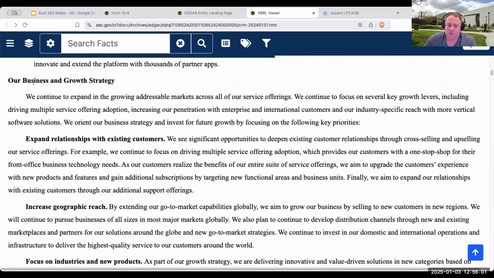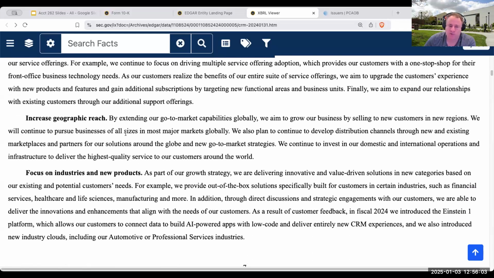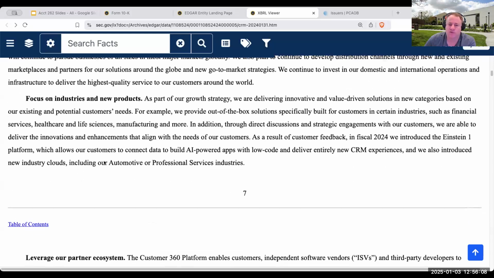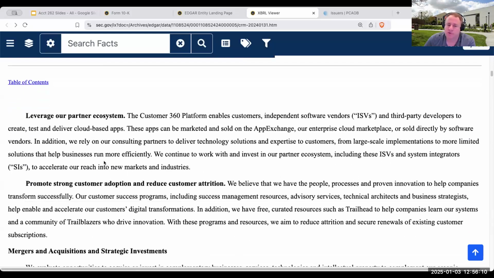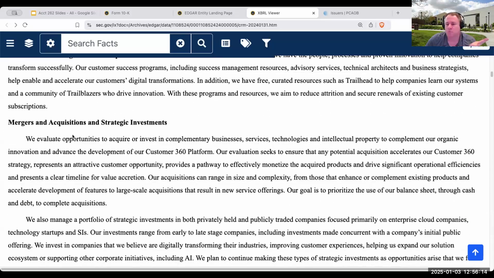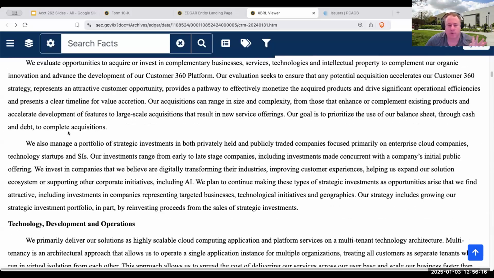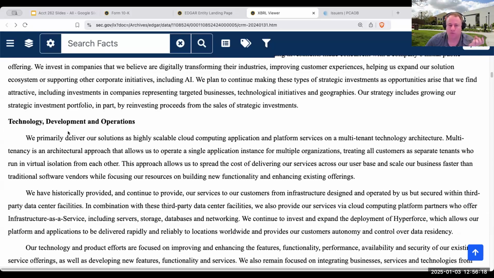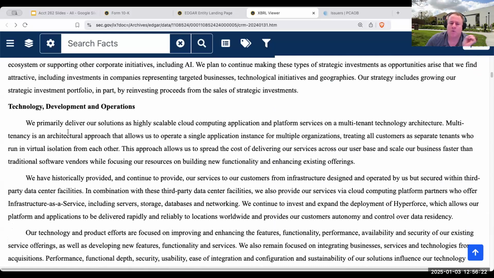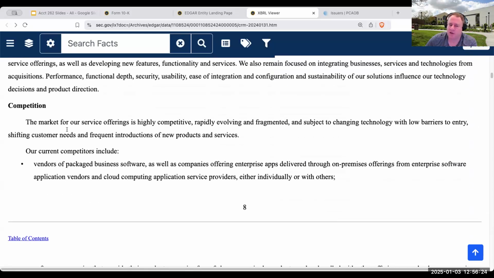Our business and growth strategy: expand relationships with customers, increase geographic reach, focus on industries and new products, leverage our partner ecosystem, promote strong customer adoption. Mergers and acquisitions: we're going to grow by acquiring other companies. So we're talking about our business. One of the other things we're going to talk about is our competition.